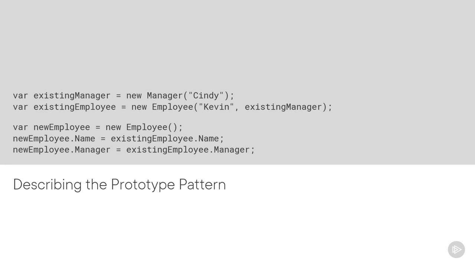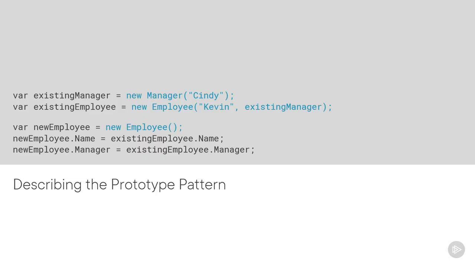It's a pretty easy pattern, but as with most of these pattern definitions, they're easier to understand with an example. So let's dive a bit deeper into that definition. Imagine we have a system in which we work with people. We can simply create new people by newing up instances of a person class, or more realistically, assuming that person is an abstract class, an employee or manager class that derives from person.